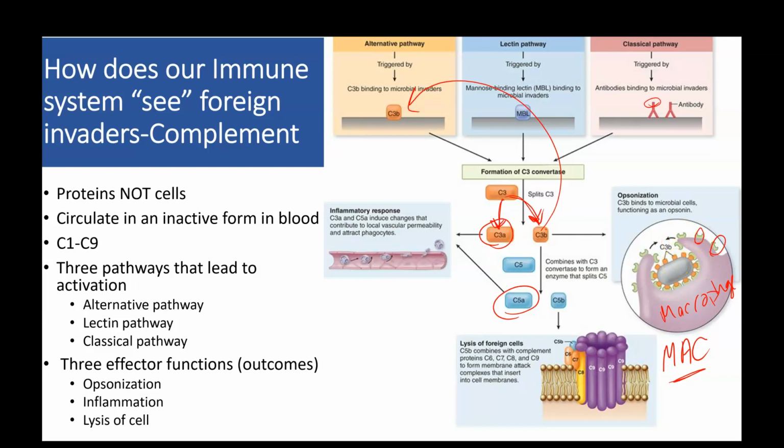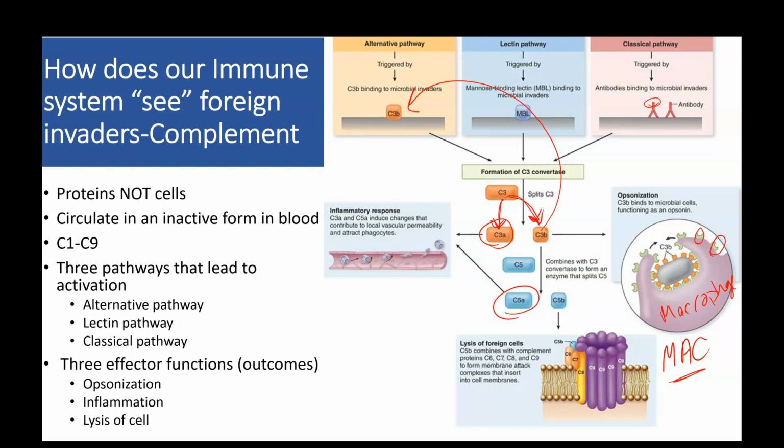So this bacteria is no longer slippery. It's actually primed for eating. So it's like putting a big flag on that bacteria for the macrophage to come and grab onto it really easy and eat that bacteria.